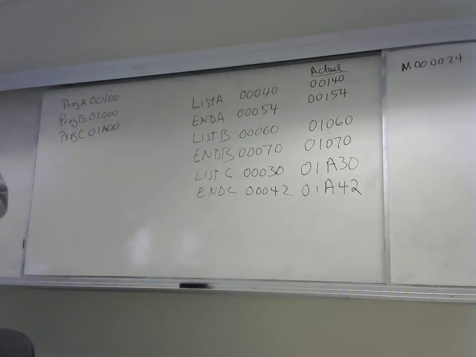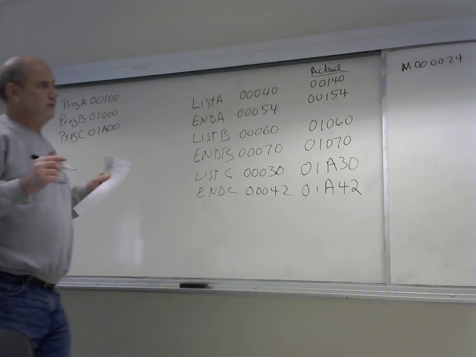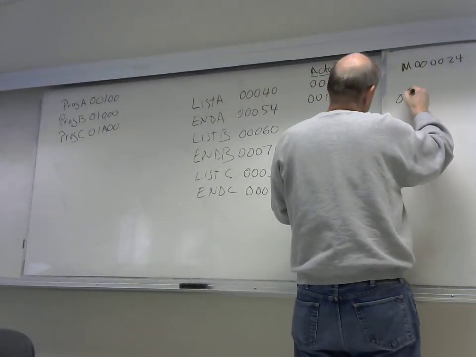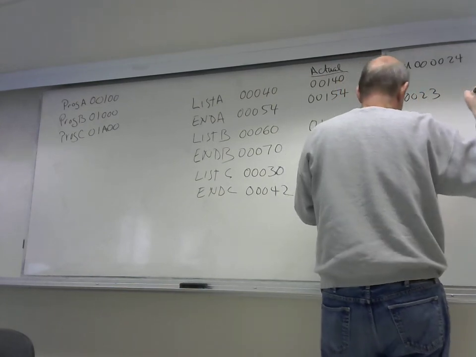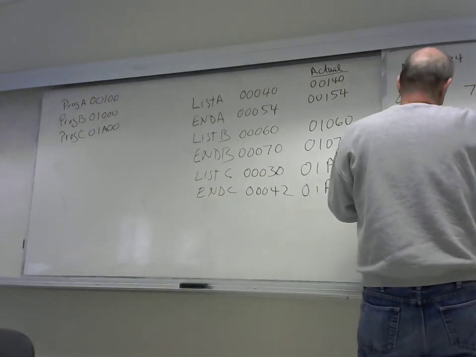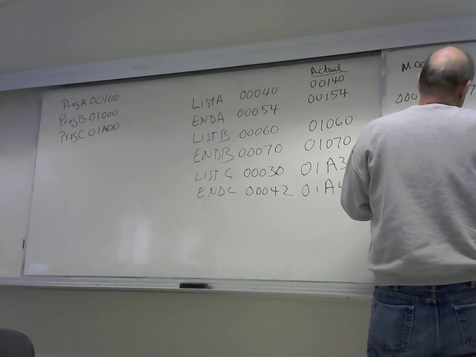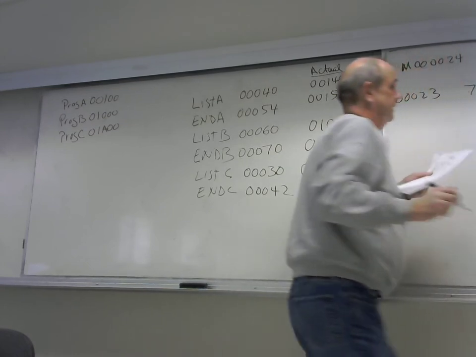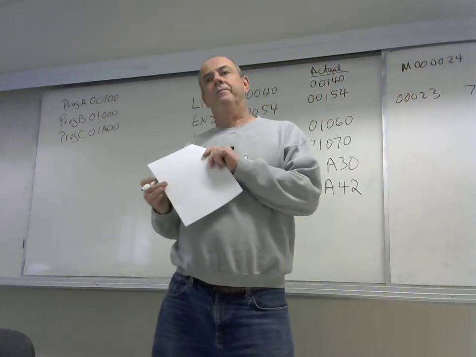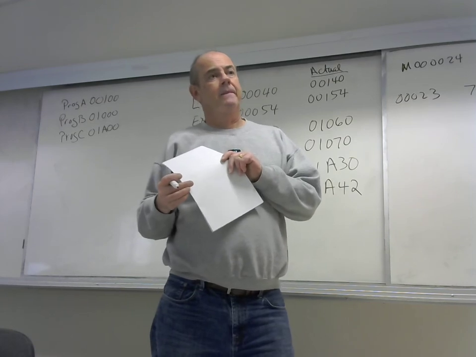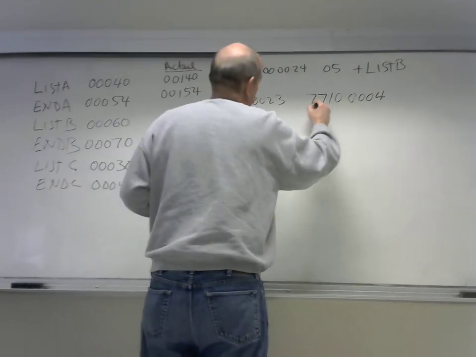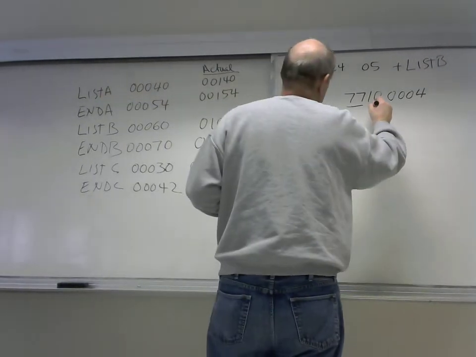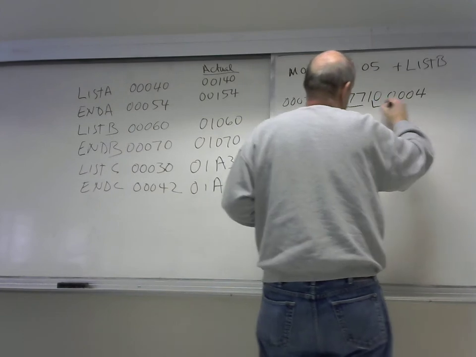Okay. So I'm going to that location and I find at address 23, well, this spot is 23. This is 24. Go to 24 and take a half byte.